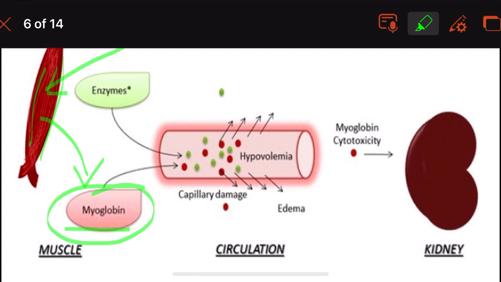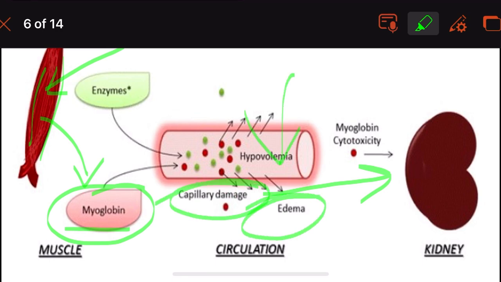This myoglobulin acts on the blood vessels and then enters into the kidney. On the blood vessels, it causes capillary damage, edema, hypovolemia, and then when it passes through the blood vessels and reaches the kidneys, it causes acute tubular necrosis. The renal tubular cells will be injured and this results in acute renal failure.